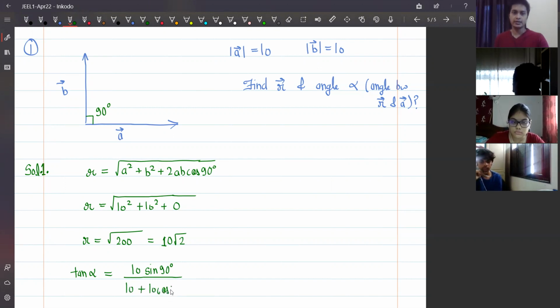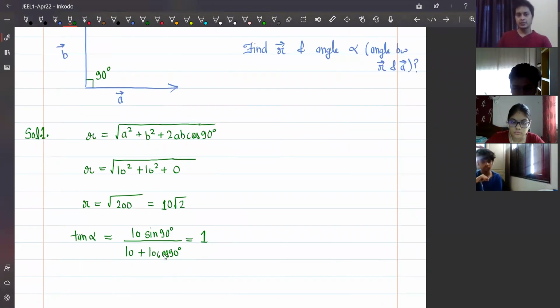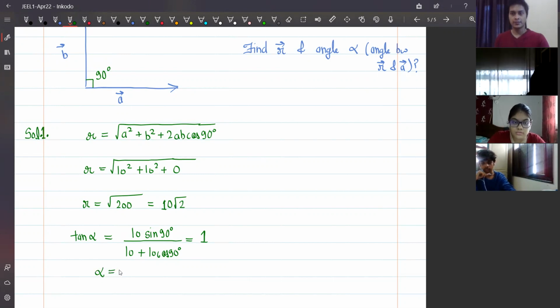That is 10 cos 90. Sine 90 is 1. If you solve it from here, we'll get tan alpha is 1. If tan alpha is 1, what is the value of alpha, Vaishnavi? If tan alpha is 1, then alpha is? No. So for which value of alpha the tan of that angle is 1? Tan 45. 45, correct. So alpha is 45 degrees.